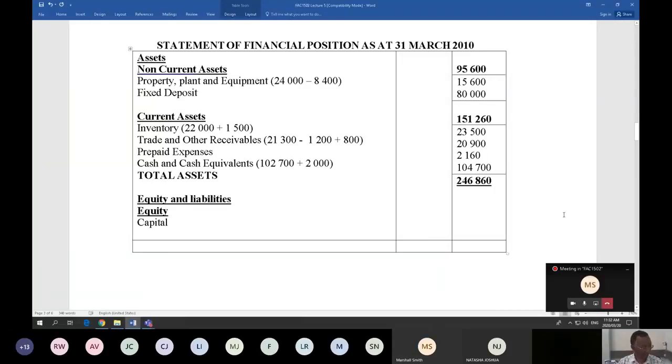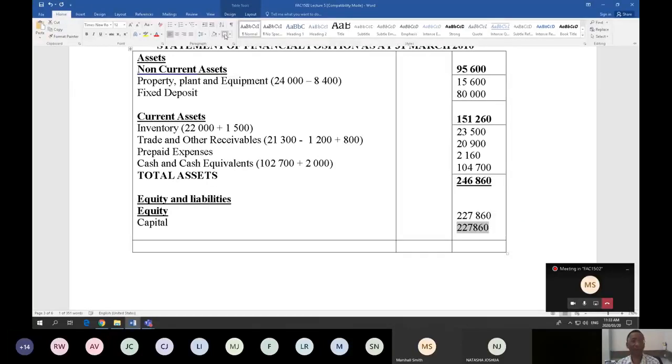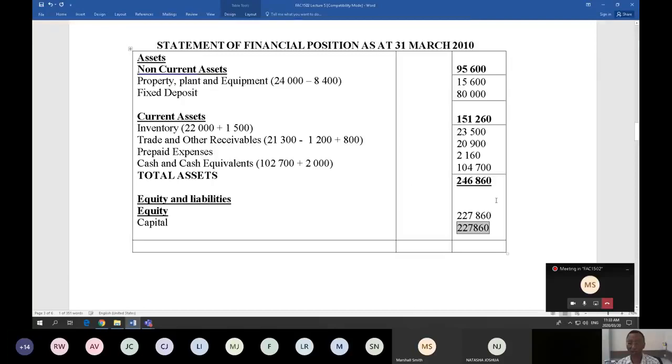And your capital balance at the end of the year was 227,860, which was the solution for question number 4.2. So let me just put in there 227,860. You block that amount. That is the amount of capital, but that is then also the amount of equity.